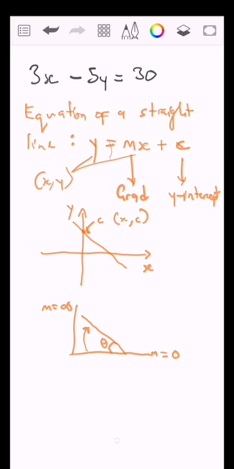In maths we express gradient numerically, as a number. In mathematics, gradient is equal to the change in y over the change in x, where the little triangle means delta. So gradient is equal to delta y over delta x, which is simply the change in y over the change in x.